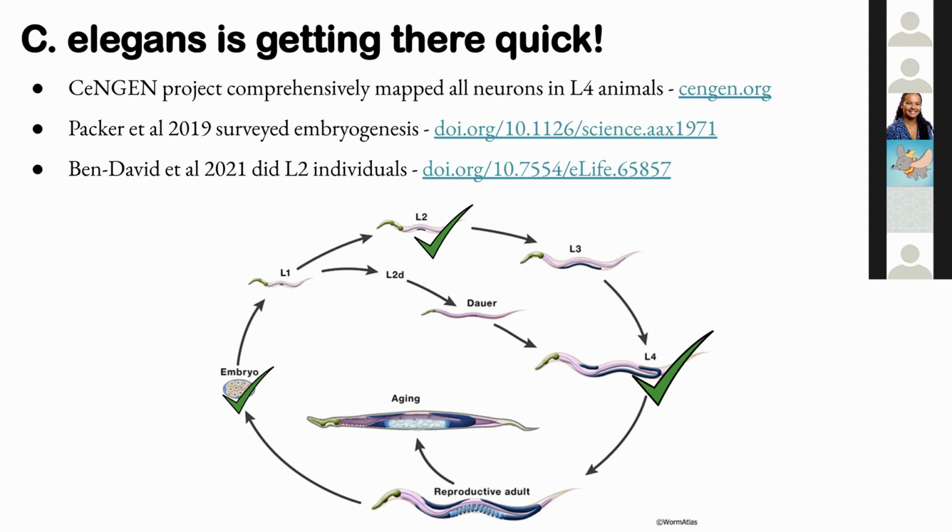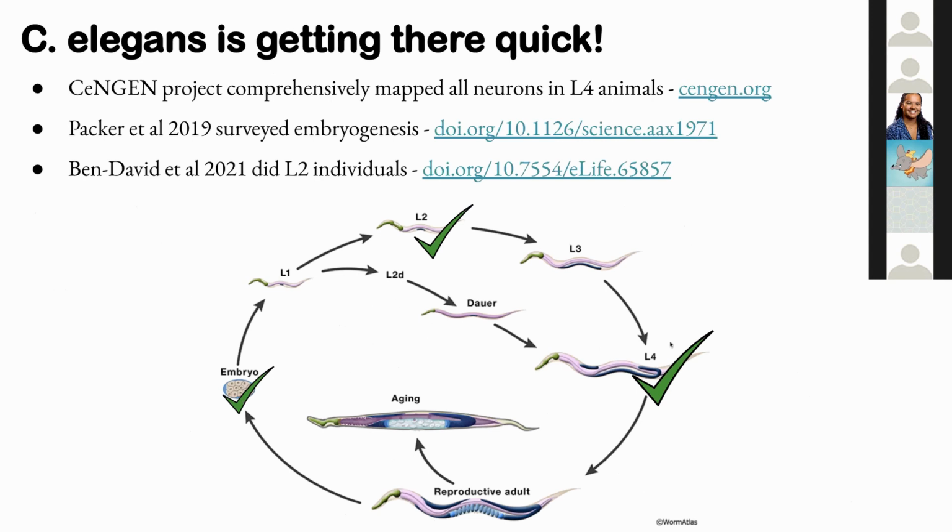So this picture shows the life stages of C. elegans. It starts as an embryo, and then it goes to L1 larvae, L2 larvae, L3, L4, adult, and then dies. And it can go into this dauer stage, where it's in hibernation if there's not enough food or the environment is harsh.